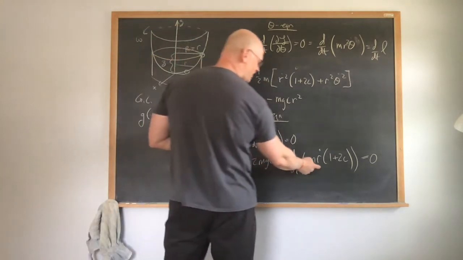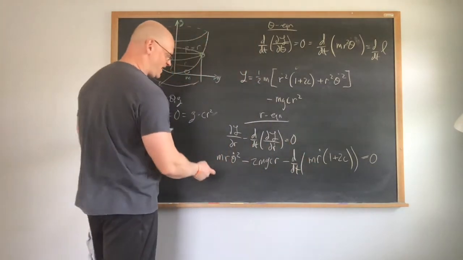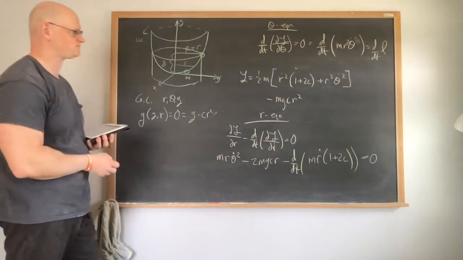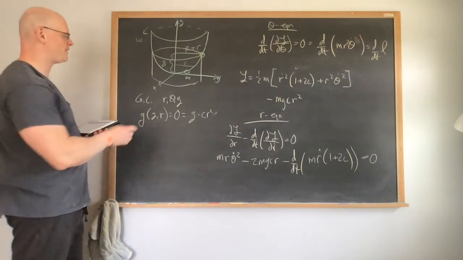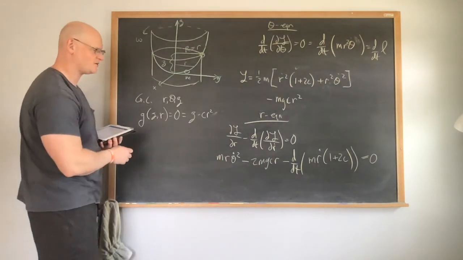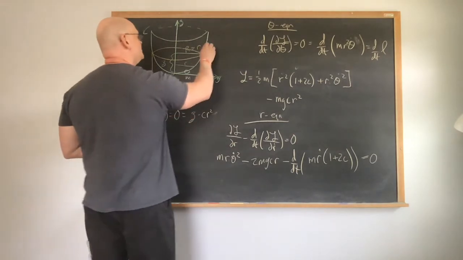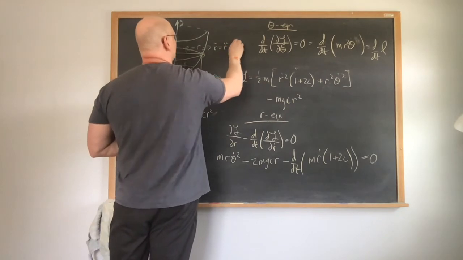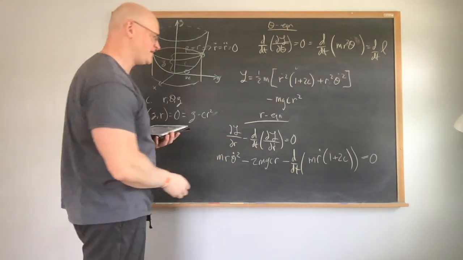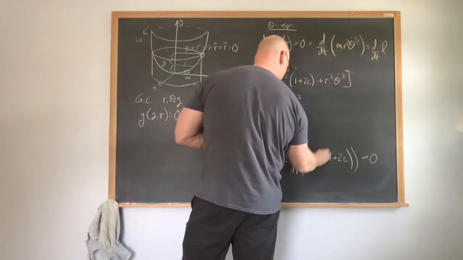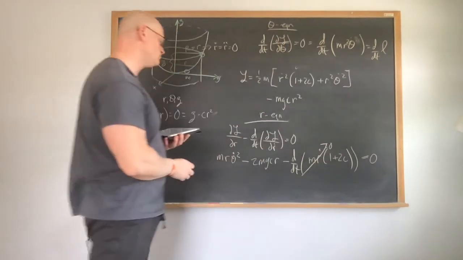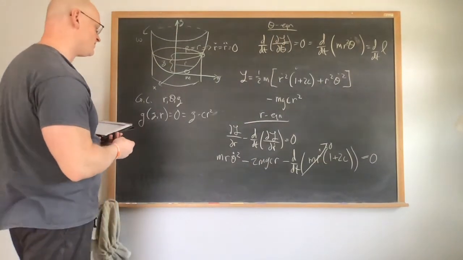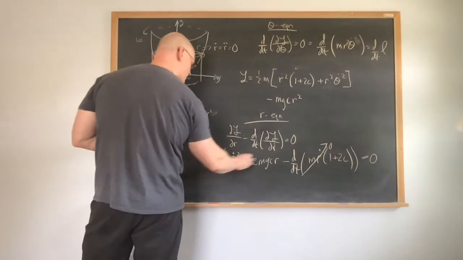So again, going back to here, this actually gives us two coupled equations. This says what's happening in the r direction depends on what's happening in the theta direction. But again, here we know that little r is actually equal to capital R, which is simply a constant. So when that's true, that implies that r dot is equal to r double dot, which is equal to 0, which basically means that this whole entire term is going to be equal to 0, which simplifies our problem because now the m's are going to cancel.